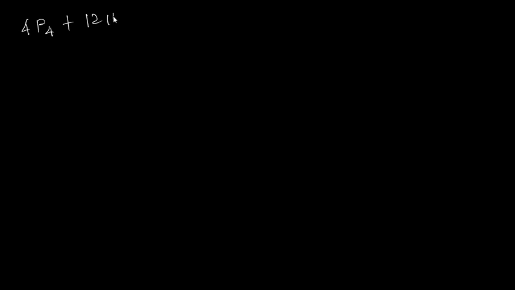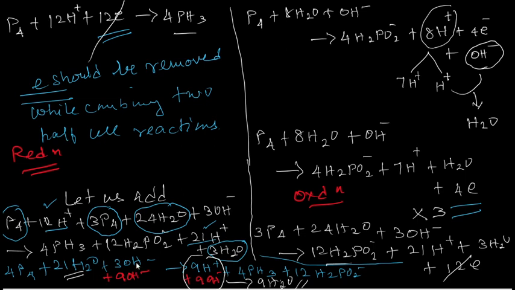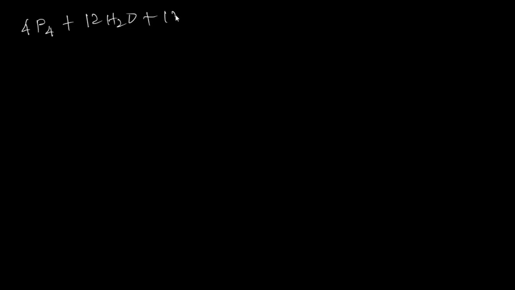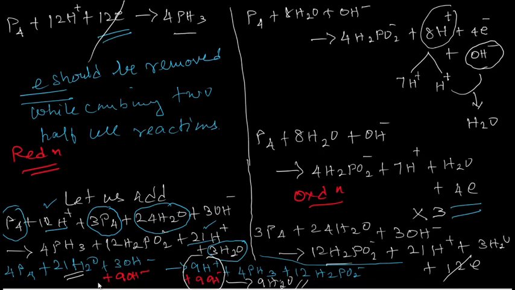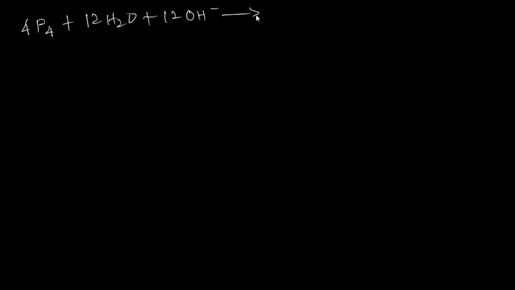So plus 12H2O plus 12 OH minus ions gives 4PH3 plus 12H2PO2 minus.